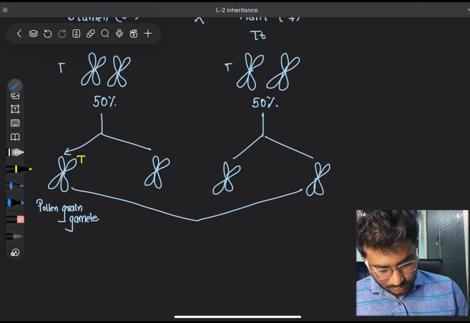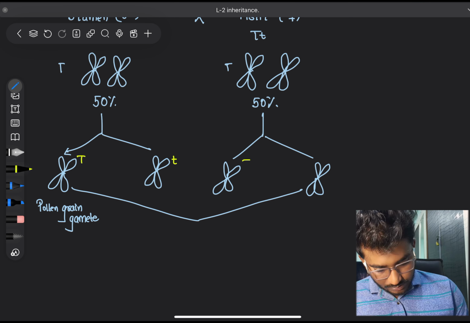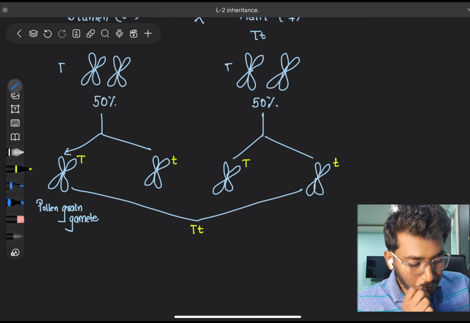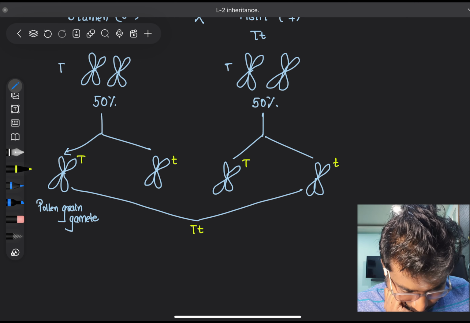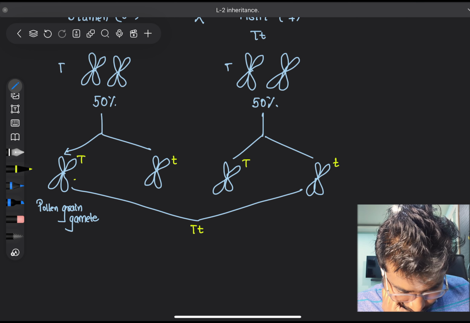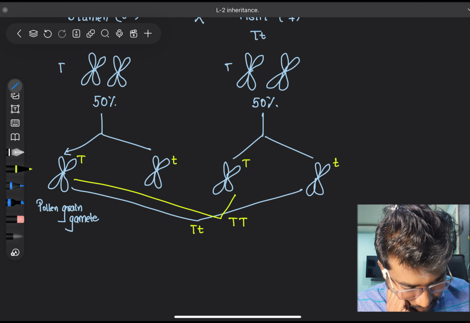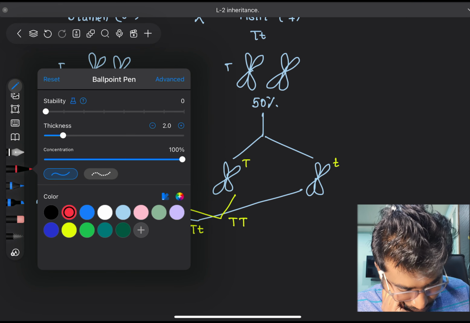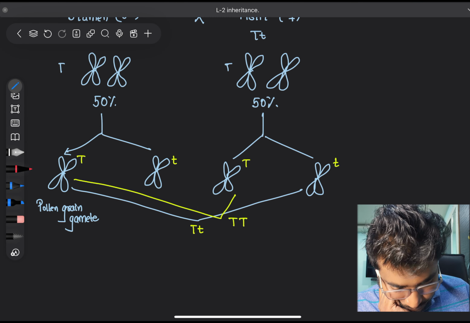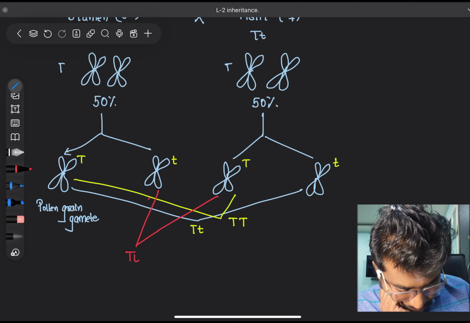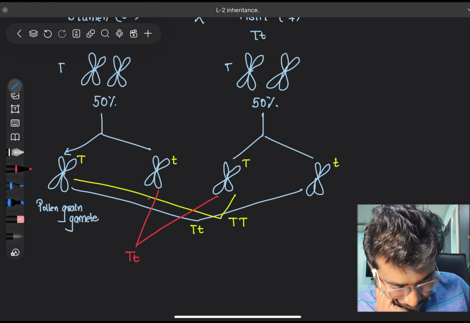This one is capital T, this one is small t, this one is capital T, this one is small t. Now one will be capital T capital T, another will be the second and third, capital T small t, another will be the second and fourth, small t small t.